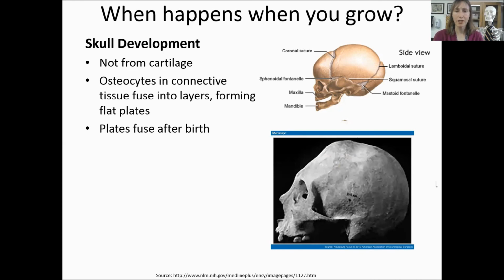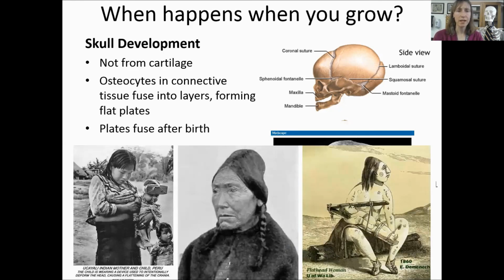Just some interesting pictures. Here are some pictures of, in some cultures, knowing that the skull of a baby is not all the way formed yet, there's places where they purposely change the shape of the baby's head. So that first picture, do you see that mom, there's something tied to the front of the baby's head? The middle picture is a woman who had this done when she was an infant.